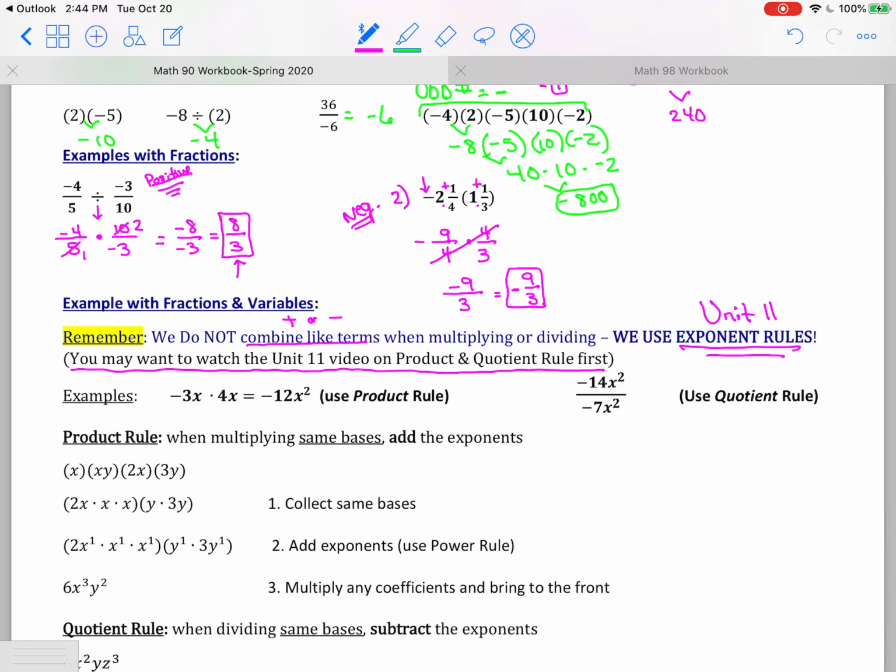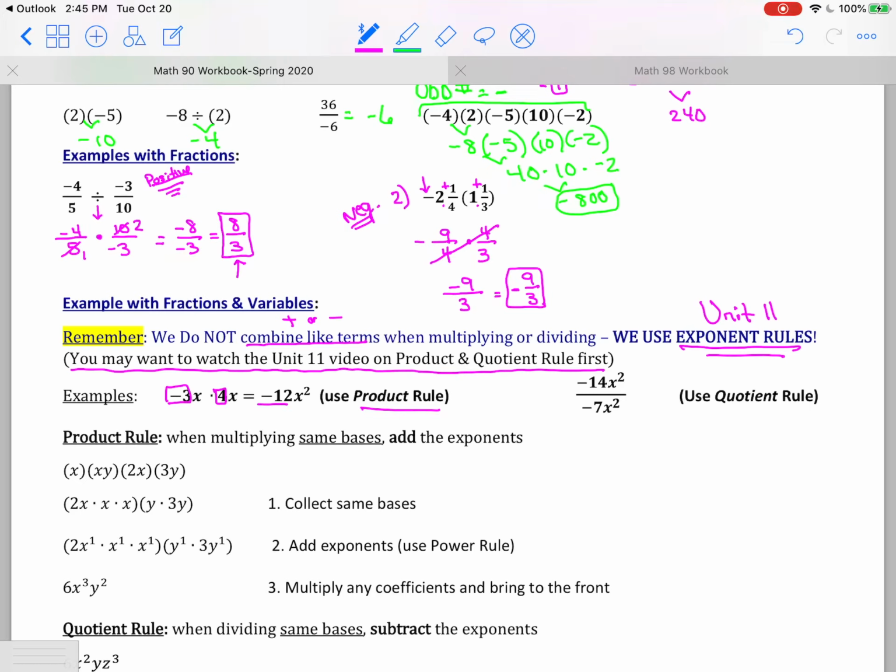So a little hint of using the product rule right here. We have a negative 3x times a 4x, and basically what we do, guys, is we multiply the coefficients together, right? So negative 3 times a 4, we have negative times a positive, that's going to give us this negative 12.